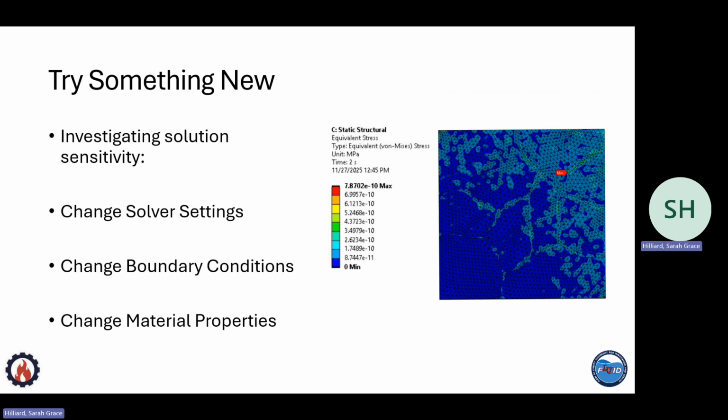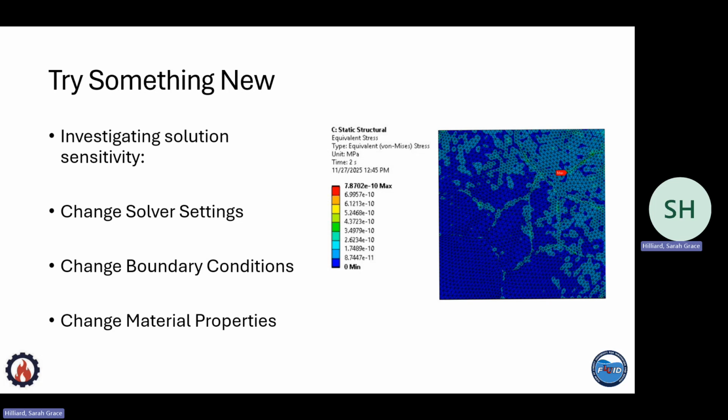In terms of trying something new, we did some solution sensitivity investigations by changing the solver settings, changing the boundary conditions, and changing the material properties. In all 3 of these cases, the solution was still approximately 0. You can see on the right a maximum von Mises stress of 7.87 times 10 to the negative 10th megapascals is the maximum stress.